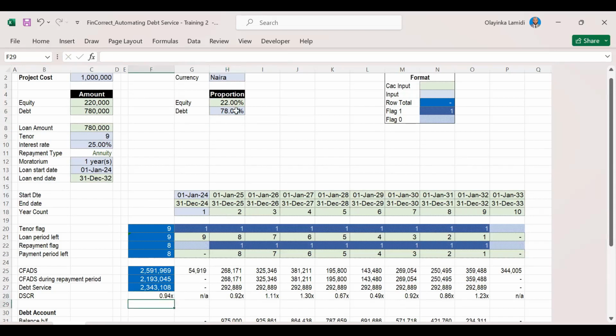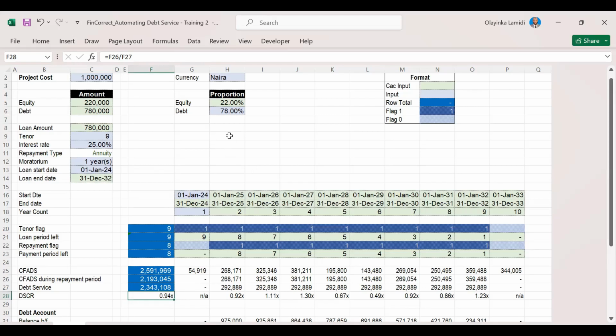In this case, we adjusted the loan amount to 78%, and you can see the impact on the DSCR. I was able to know this because the DSCR is less than one, which says you don't have enough cash flow to cover your debt service. So we want it to be equal to one, or preferably greater than one. We don't want it less than one.